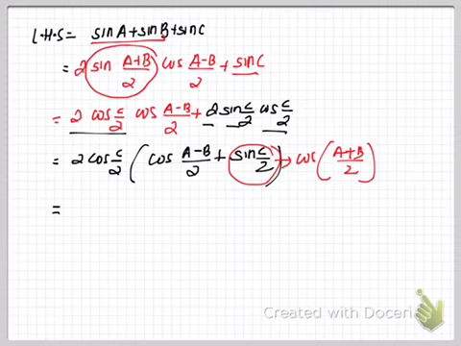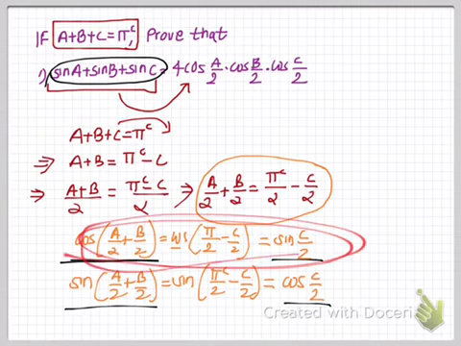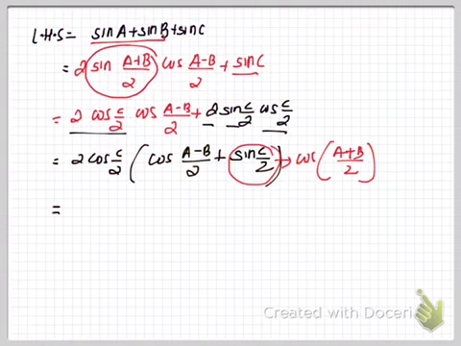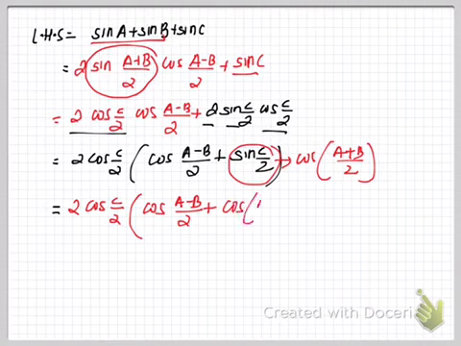This we have shown from our given condition right over here. So 2 cos C by 2, I'm going to write it as it is, and for sin C by 2, I'm going to write cos of A plus B by 2.